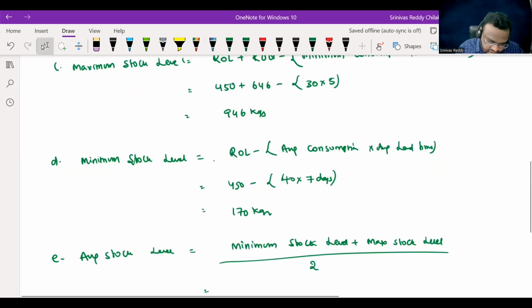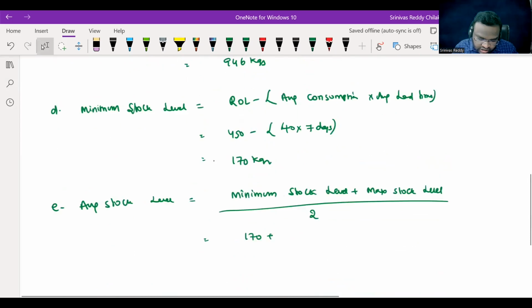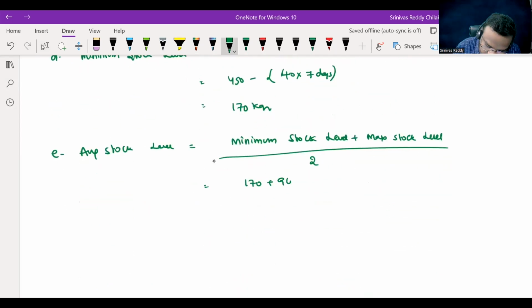Minimum stock level is 170. Maximum stock level 946, divided by 2. That gives 558 kgs.